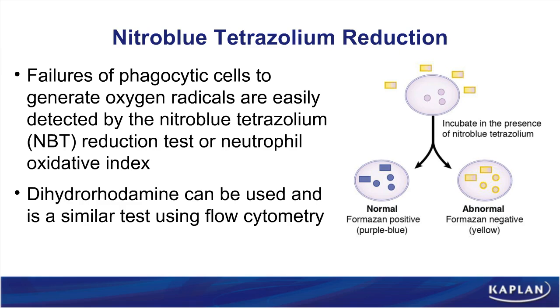This test is a little bit confusing. So you have to remember when it's reported as positive, they don't have chronic granulomatous disease, and when it's reported as negative, they do. So a lot of the times they'll put that NBT test in there, so you just want to be on top of it because it can really help you.